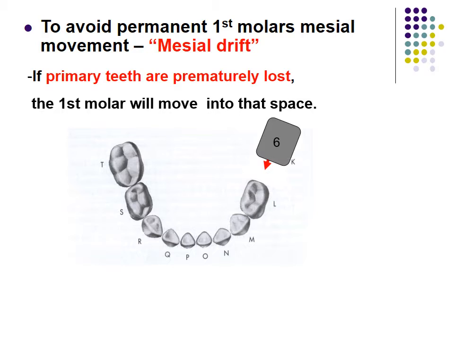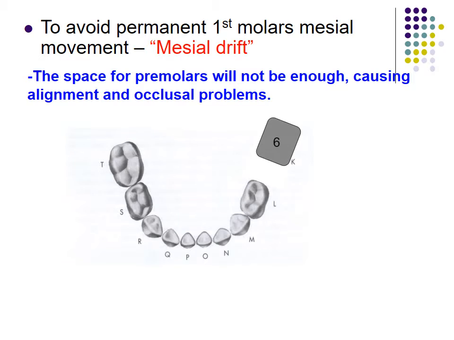And if primary teeth are prematurely lost, the first molar will be moved into that space, thereby the space for premolars will not be enough, causing alignment and occlusal problems.